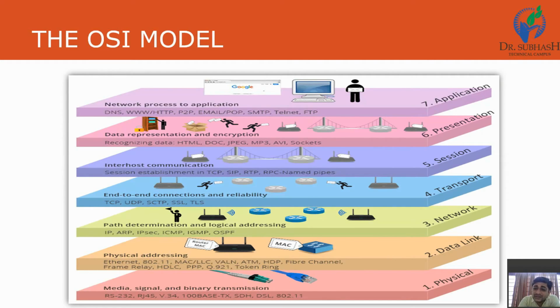Now we discuss the session layer. Up to the first 4 layers we deal with exactly the transmission of our data. There is no user interaction in these 4 layers: physical layer, data link layer, network layer and transport layer.